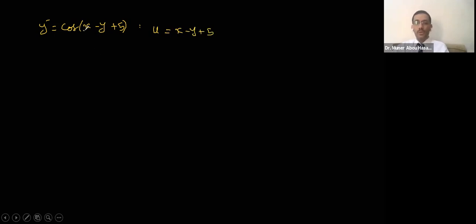Notice that all of them are linear. It isn't x squared, it isn't y cubed, and there's no product between x and y. To solve it, you need to find y. So I'm going to move y here and u here. So my y equals x minus u plus 5.